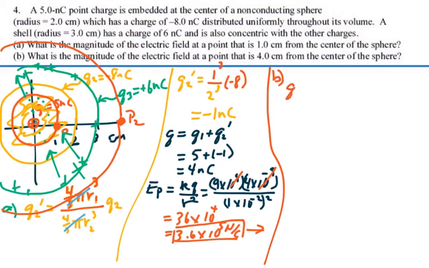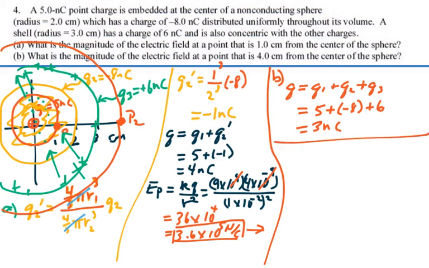So our Q in question here is going to be equal to just simply Q1 plus Q2 plus Q3. And hence, at that point, we are going to have Q1, which is 5 nanocoulombs, plus Q2, which is negative 8 nanocoulombs, plus Q3, which is 6 nanocoulombs, which is going to be 3 nanocoulombs. And that's going to act like a point charge from the center.